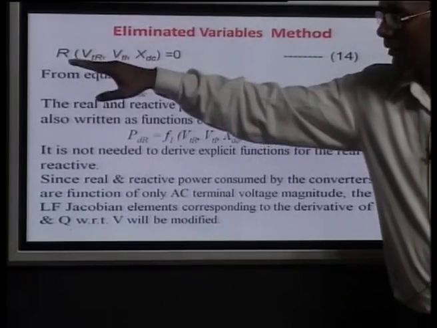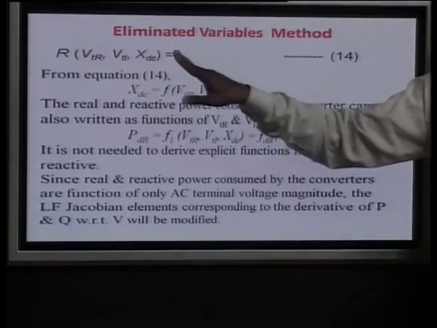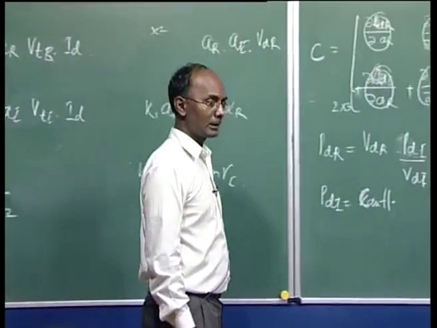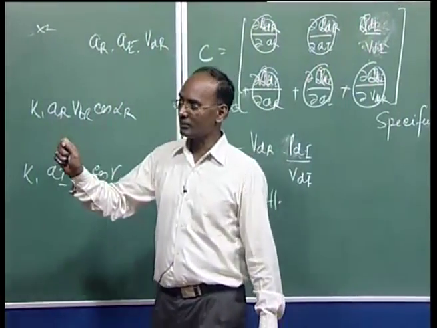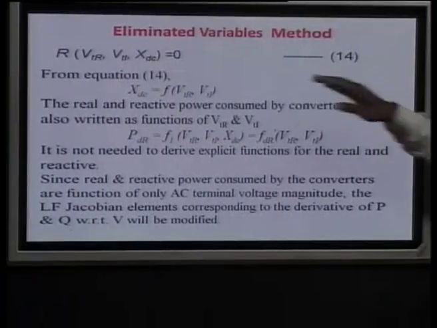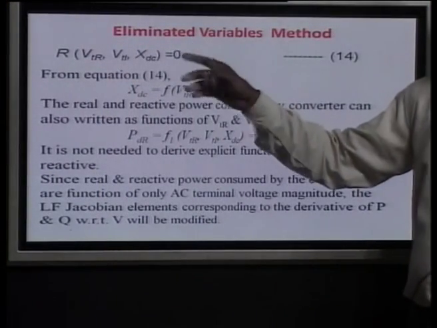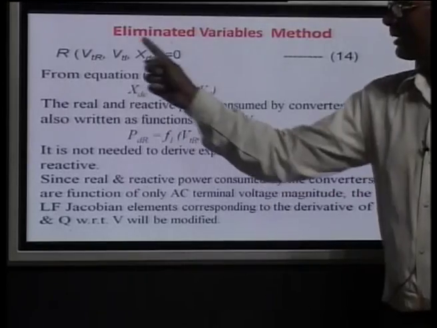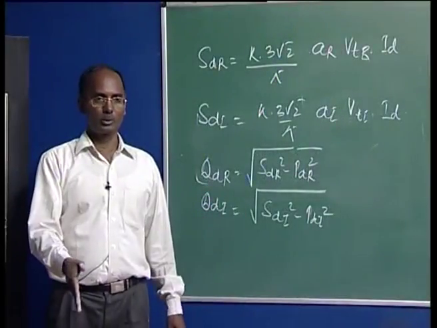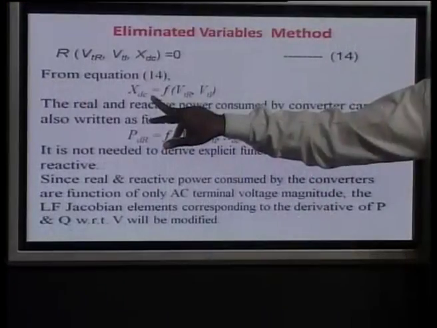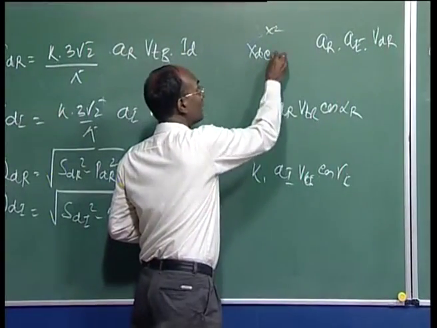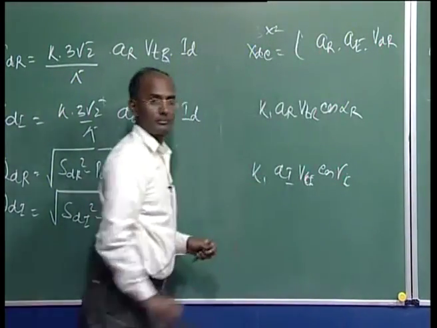These three equations are functions of the rectifier AC terminal voltage, the inverter AC terminal voltage, and then the XDCs, which are 7 variables. From here, if it is 0, we can simplify XDC in terms of these values. Just write XDC, whatever 3 XDC will be required for the solution in this case, for this control mode.